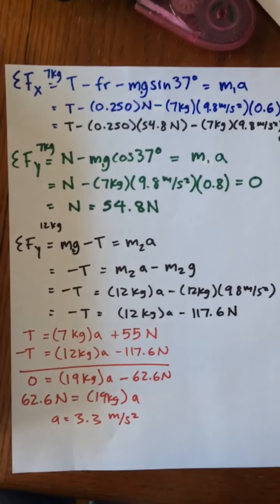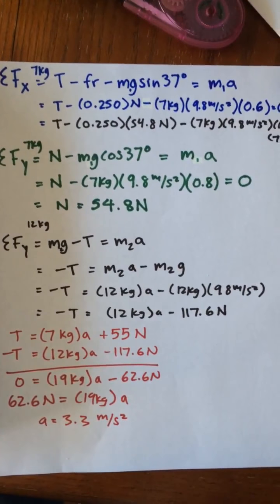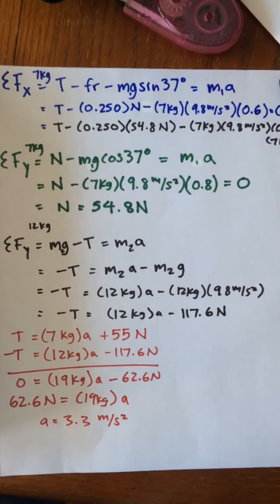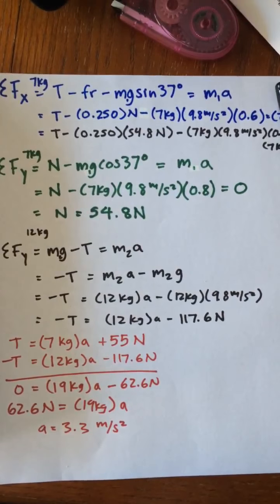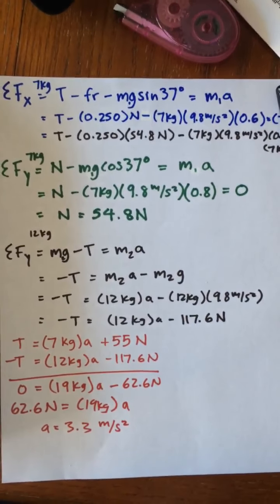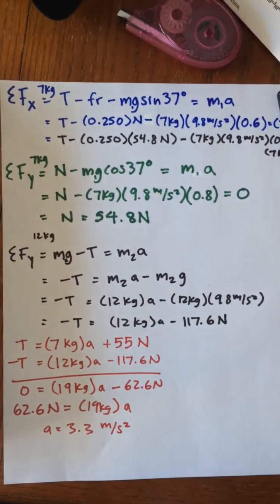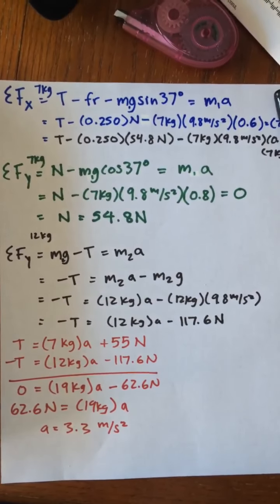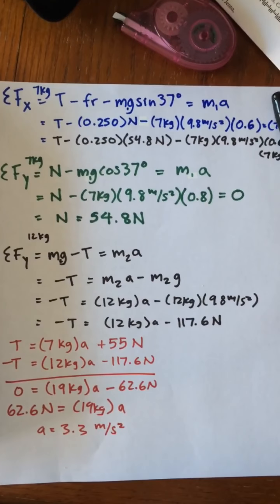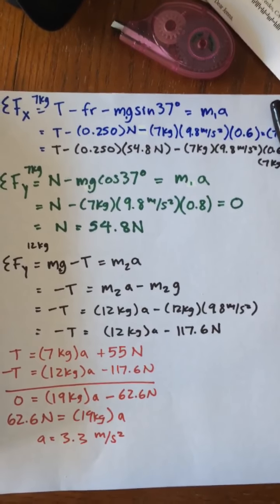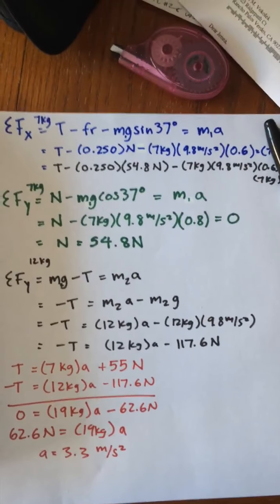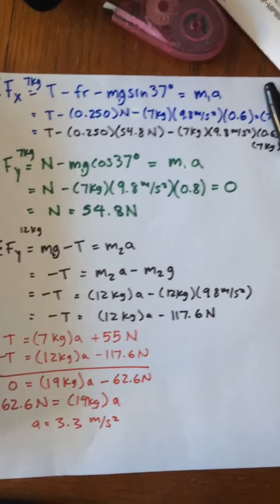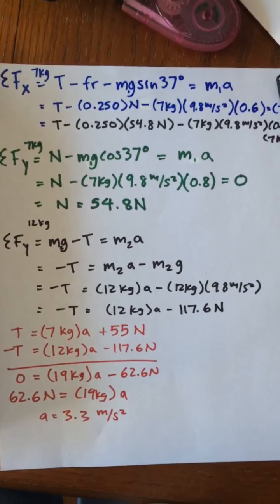So I do that by finding the forces on y for the 7 kilogram object, which is normal force minus m1 times gravity cosine 37 equals m1 times a, and a is 0 because it does not go directly upwards. And from there I can solve for normal force.